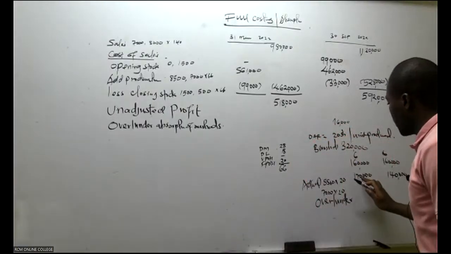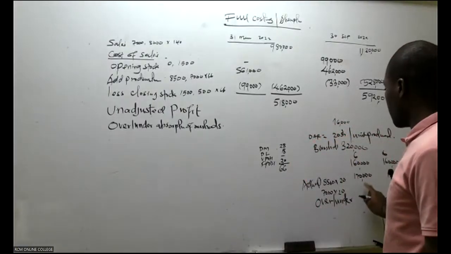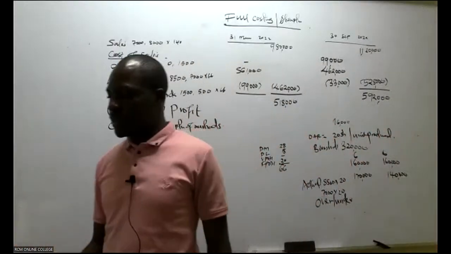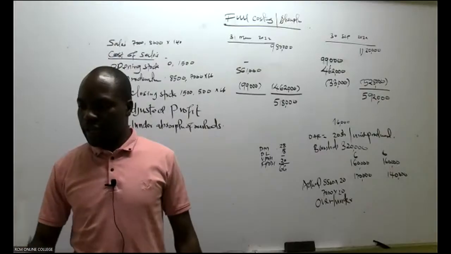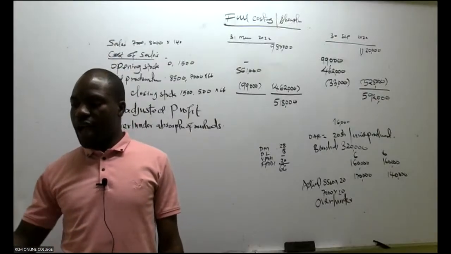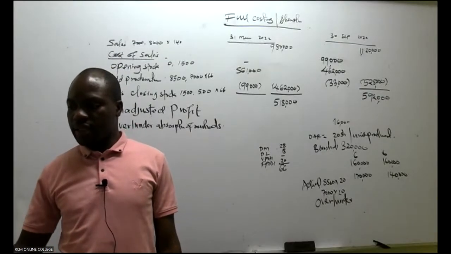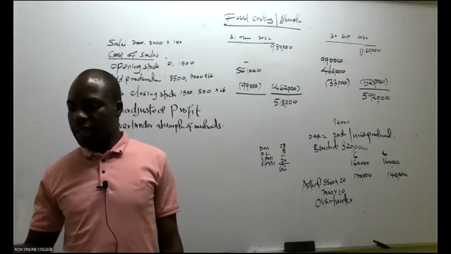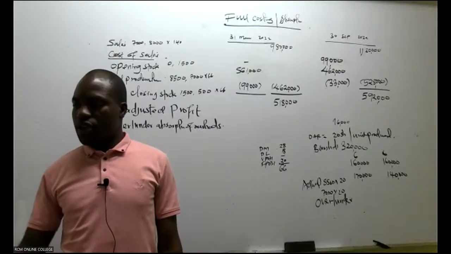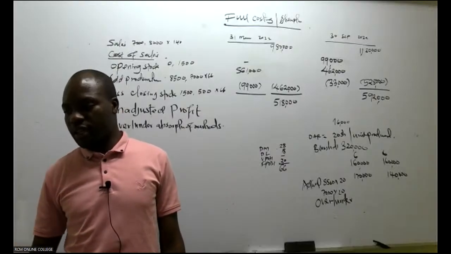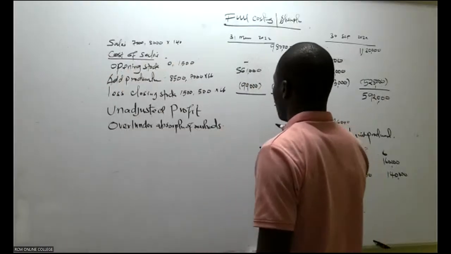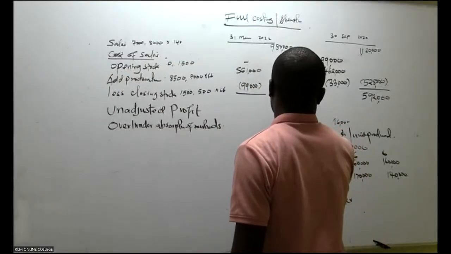Tell us, is it over or under here? Is it over or under? Their estimate is 160. They estimated as 160. The actual is 170. So they understated the expenses by 10,000. Is it? If you understate expense by 10,000, what are you going to do to that 10,000 to make sure that you have the right profit?